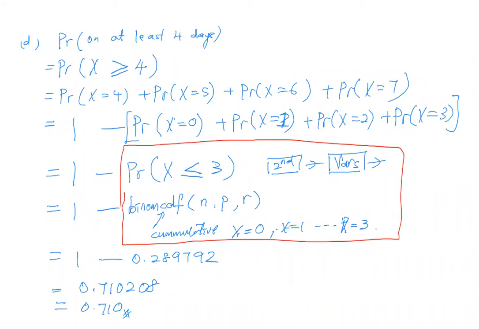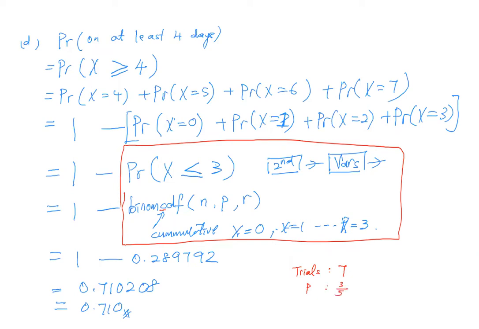Binom CDF. No, CDF, young man. Yeah, cumulative. Then you see trial, you put 7. A p-value 3/5.